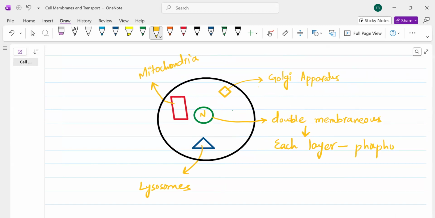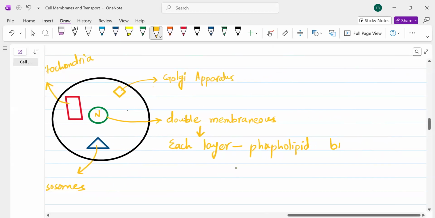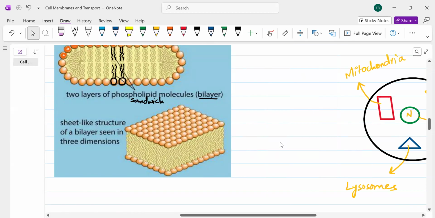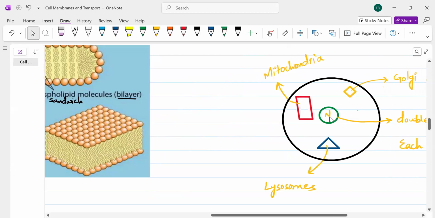Each layer is made up of phospholipid bilayer, like this one. This is one phospholipid bilayer, and this will form one membrane. In the nucleus, you have two membranes. Like I can show you. Wait a minute.